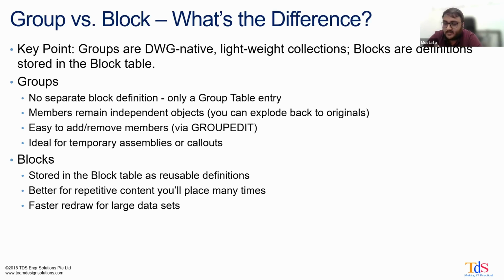Over here, you just open up the group manager, or there are a few commands that you can use that will allow you to quickly add or remove objects within the group. And again, just to reiterate, it's ideal for any temporary assembly that you want to do with regards to furniture, with regards to piping. There's a lot of use cases for it.